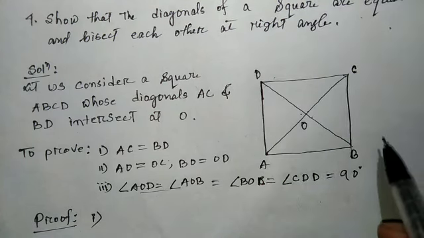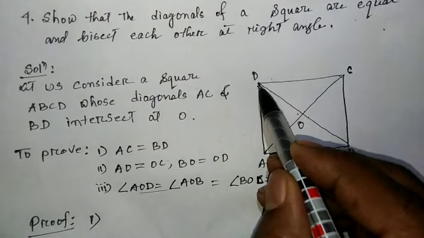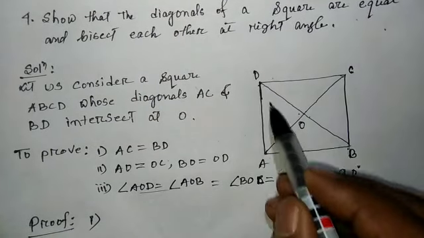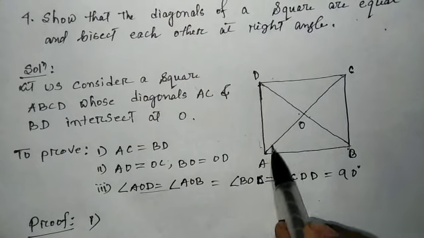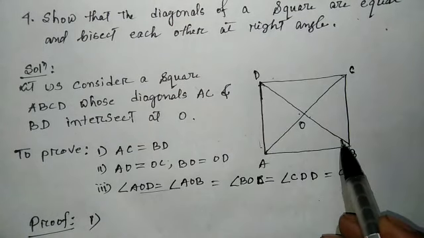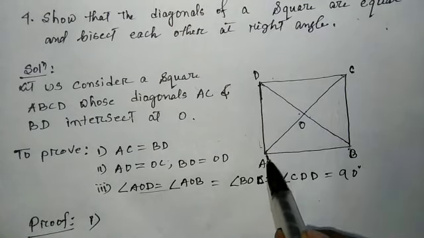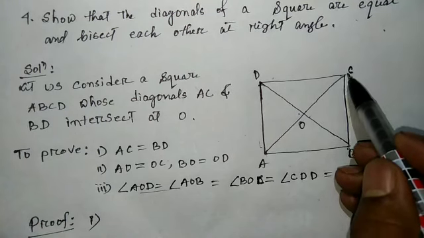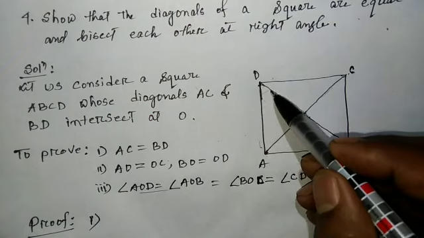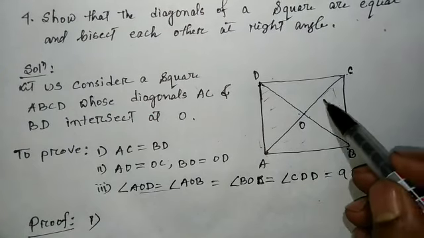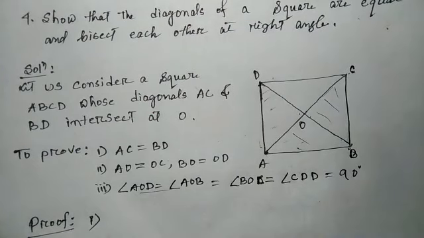If we take triangle DAB, or DBA, then diagonal DB will come. If we take DAB, then we have to take CBA, then this diagonal will come. That means the whole triangle.